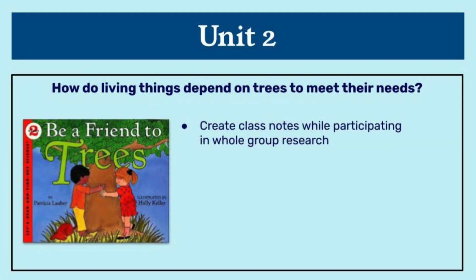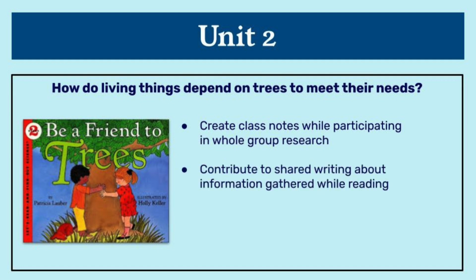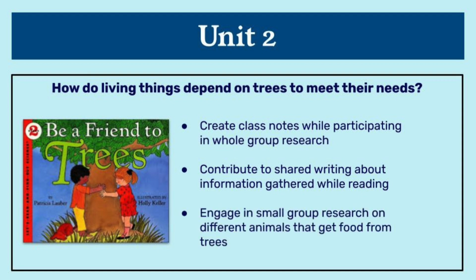Throughout Unit 2, your child will create class notes while participating in whole group research. Your child will also contribute to shared writing about information that they gathered while reading and exploring books. Lastly, in Unit 2, students will engage in small group research on different animals that get food from trees.